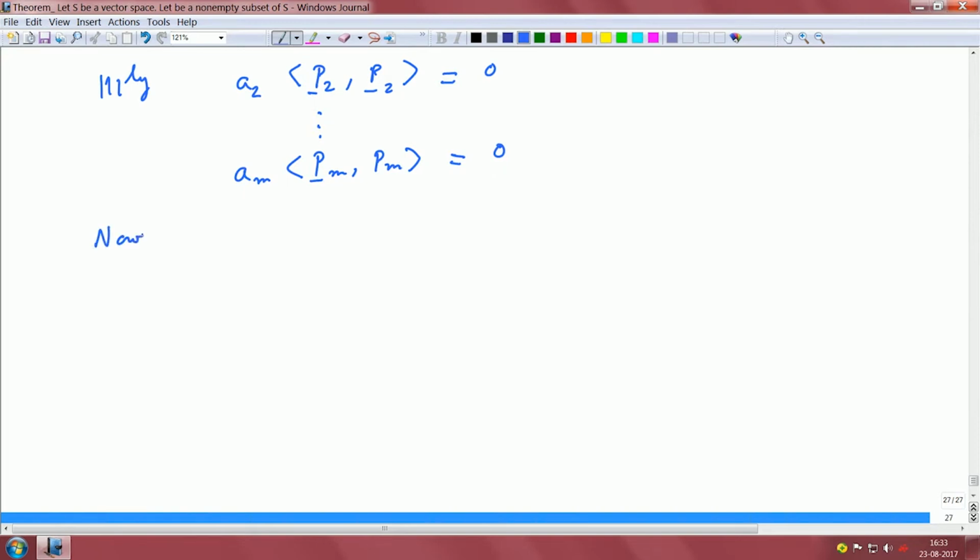Now, these Pi's, i equals 1 to m, they are not equal to null, which is an important condition. Not all of them are nulls, right.